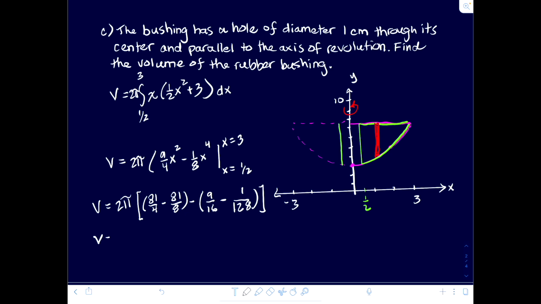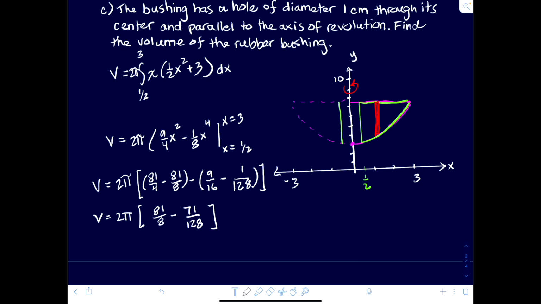And then continuing, we would have 2 pi times, we did this calculation before, we end up getting 81/8 minus, let's see, we'd have to do 16 times 8, so that'd be 72 minus 1. So that'd be minus 71 over 128. Really, you'd probably do this on the calculator.